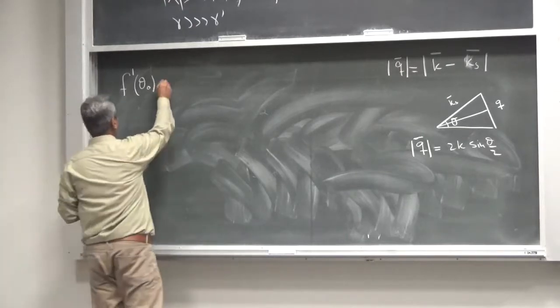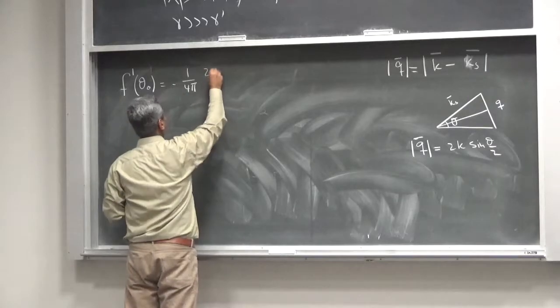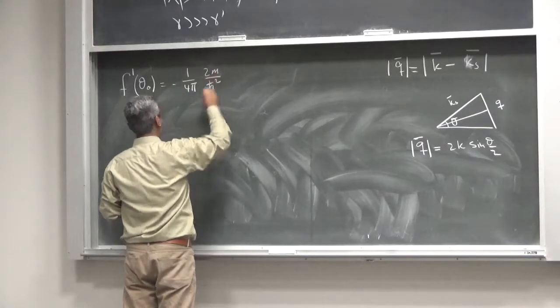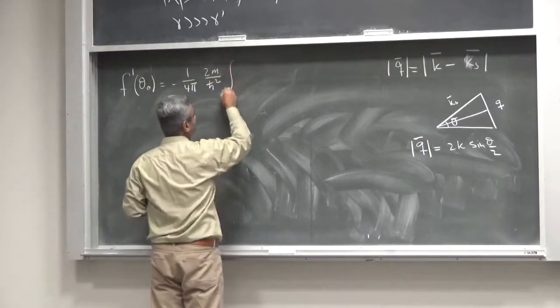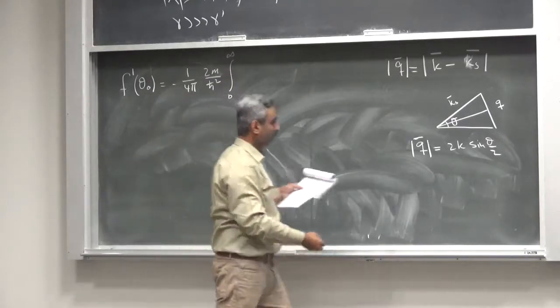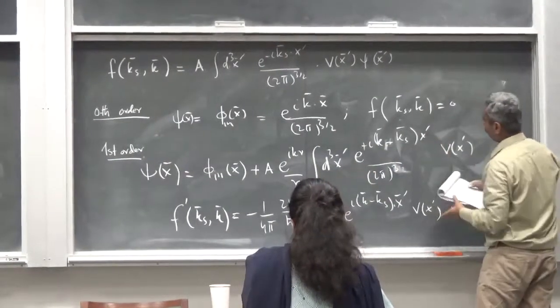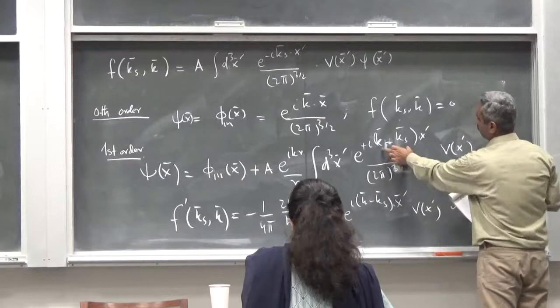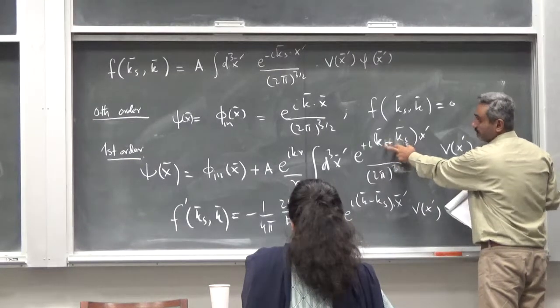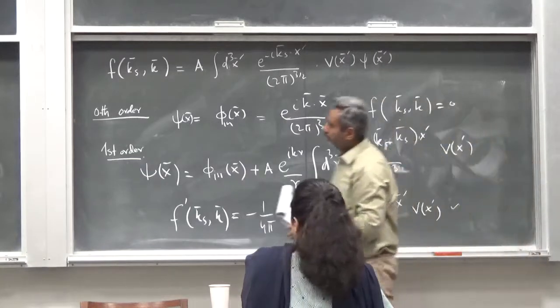So this thing is minus 1 over 4 pi, 2m over h-bar squared, and now you can integrate from 0 to infinity. What I'm doing is opening up this integral. This is a given, this is fixed, k minus ks is fixed once you fix the angle.